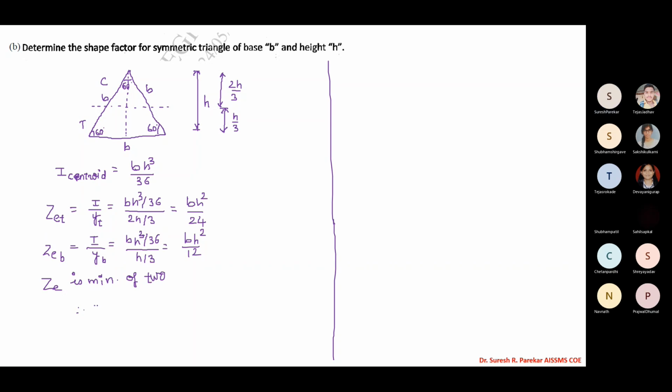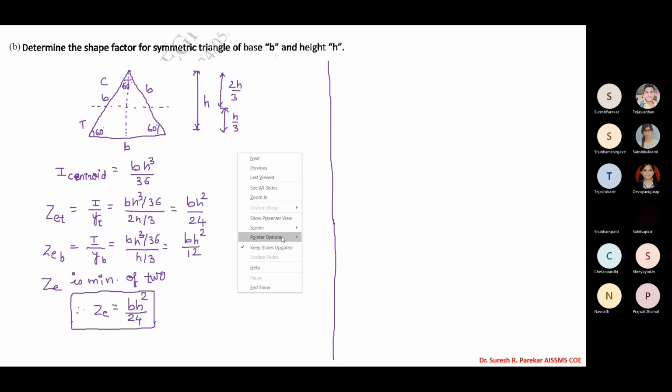So we have BH square upon 24. Sometimes students make mistakes here in a hurry. 12 is smaller so they consider 12. So that is in denominator. Keep in mind. So this is ZE. Now we will switch over to ZP.